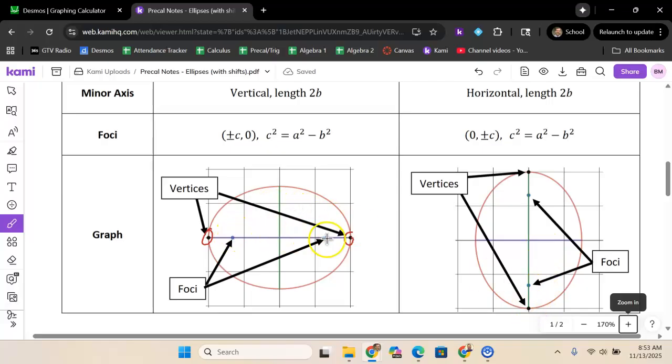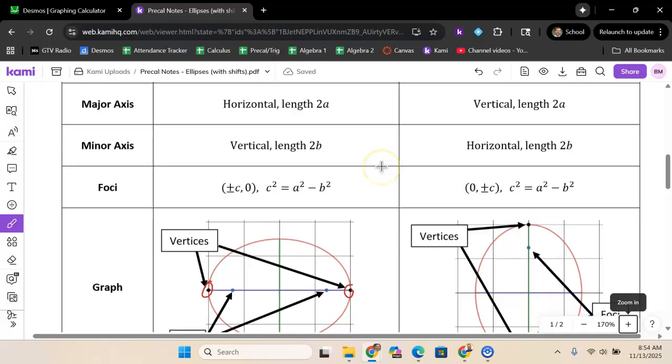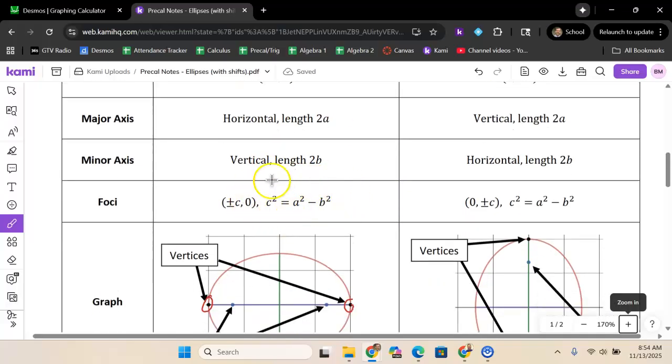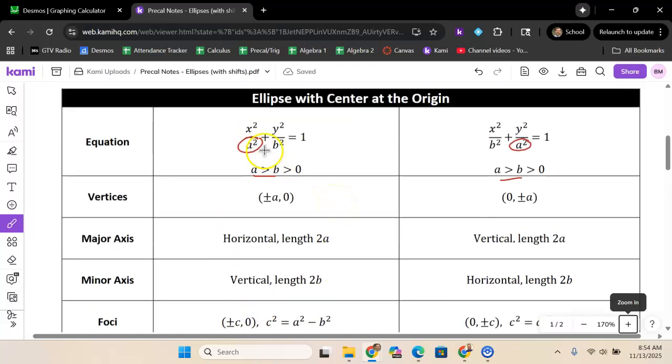And then your foci, again, align on that major axis. So they're going to be on the x if it's stretched more horizontally, on the y if it's stretched more vertically. And then we have a formula to find the foci, where we're going to do a squared minus b squared, and then take the square root of that to get that c value. And again, those are going to be just the numbers that we have underneath of x squared and y squared.